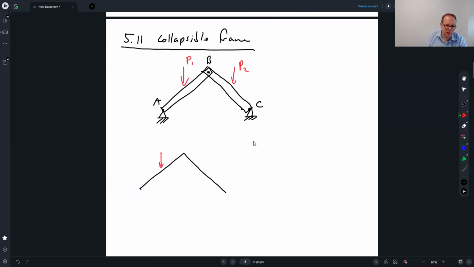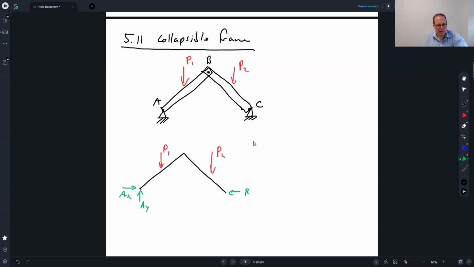I have my loads, P1, P2. Again, they're acting now not at the joints, but on a member directly. And then I would have support reactions, two hinges. So I have an AY and an AX. And let's point in the other direction.